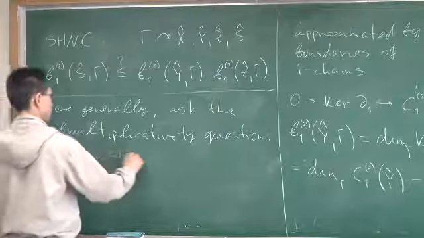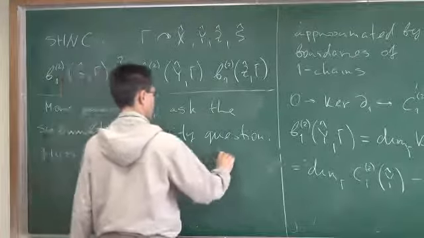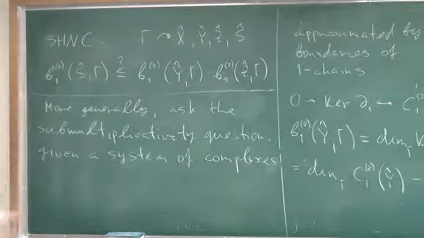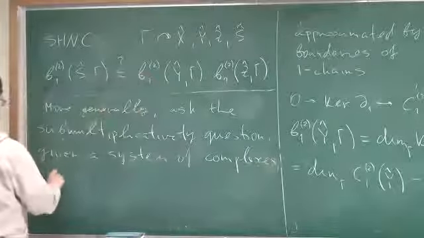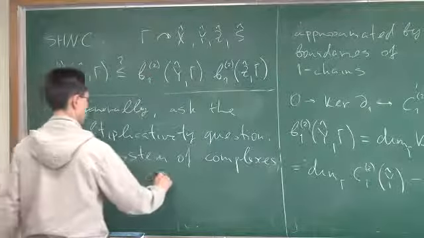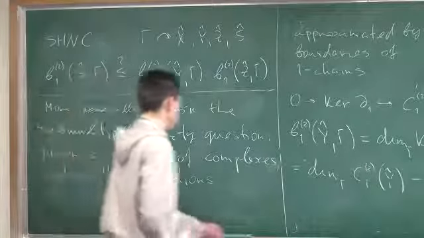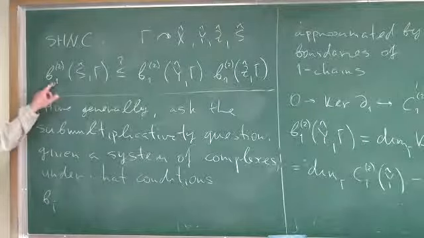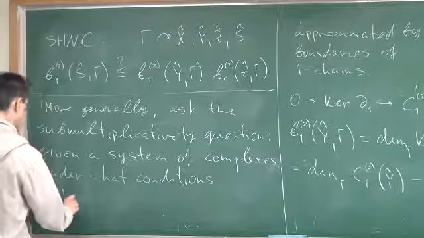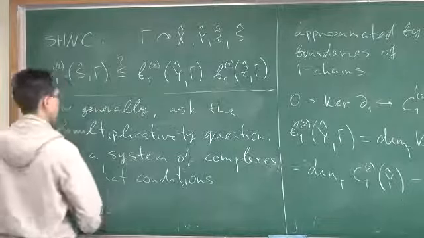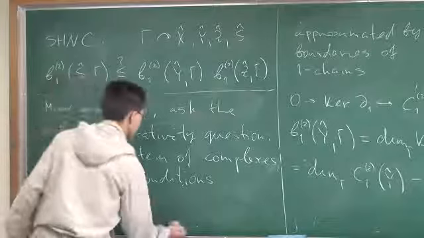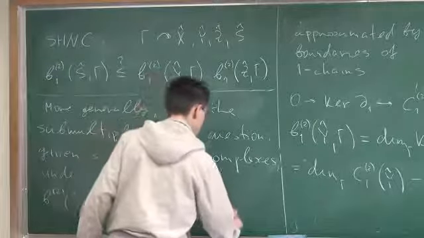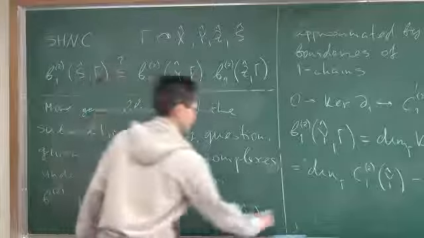Given a system of complexes, under what conditions do we have, now we can take arbitrary dimension i, it doesn't have to be 1, the ith L2 number of S hat gamma is at most the ith L2 number of y hat gamma times the ith L2 number of z hat gamma?